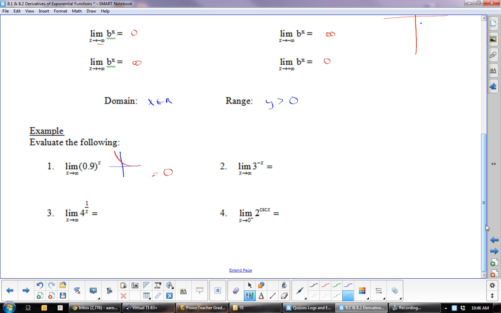This is the same thing as the limit as x goes to infinity of 1 over 3 to the x. So now we're dealing with a base between 0 and 1, which is again going to give us our graph like this. So this will approach 0 as well.